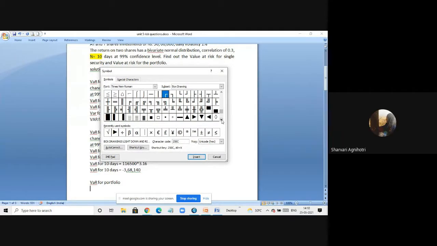Ma'am, maybe that sign is in home only. Do one square root.